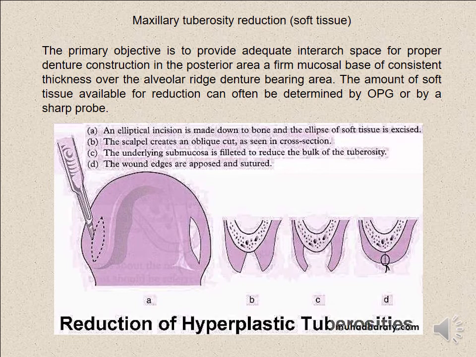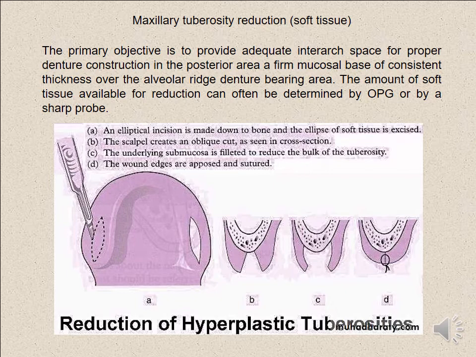We mentioned previously that enlargement of the tuberosity can be either hard tissue, as bony structure, or soft tissue, as mucosa. Now we discuss maxillary tuberosity reduction for soft tissue causes. The primary objective is to provide adequate interarch space for proper denture construction in the posterior area, with a firm mucosal base of consistent thickness over the alveolar ridge denture-bearing area.